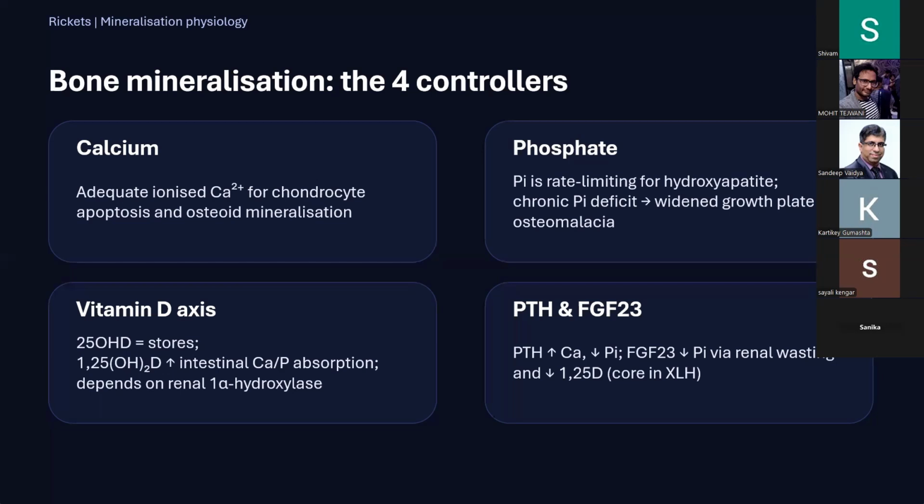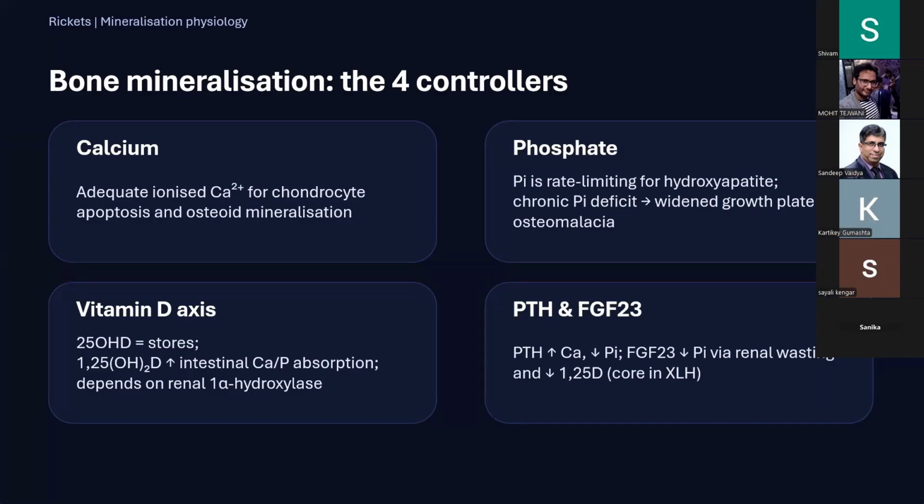Vitamin D access is also very important. As we know, 25 hydroxy vitamin D is the storage form of vitamin D, which further gets hydroxylated by the hydroxylase in the kidneys, and then it forms the active form. The active form increases intestinal calcium and phosphorus absorption, and the level of 1,25 dihydroxy vitamin D depends on renal 1 alpha hydroxylase levels.